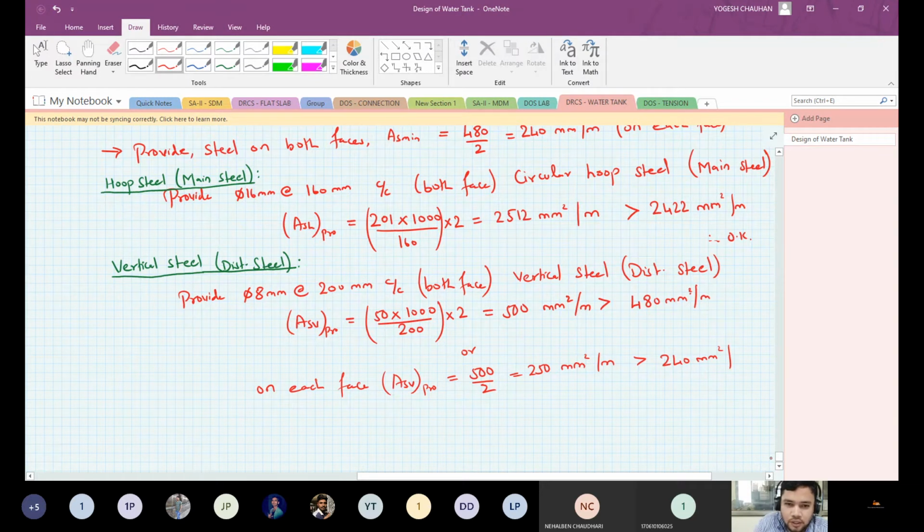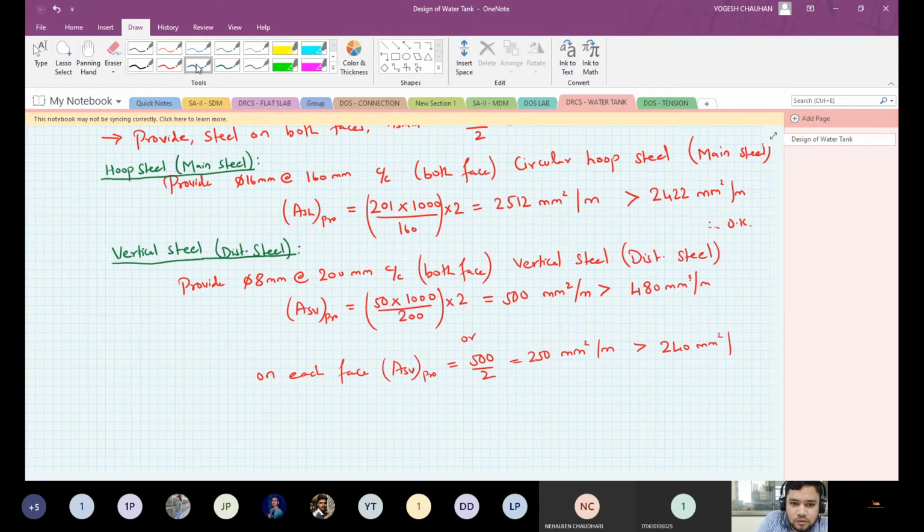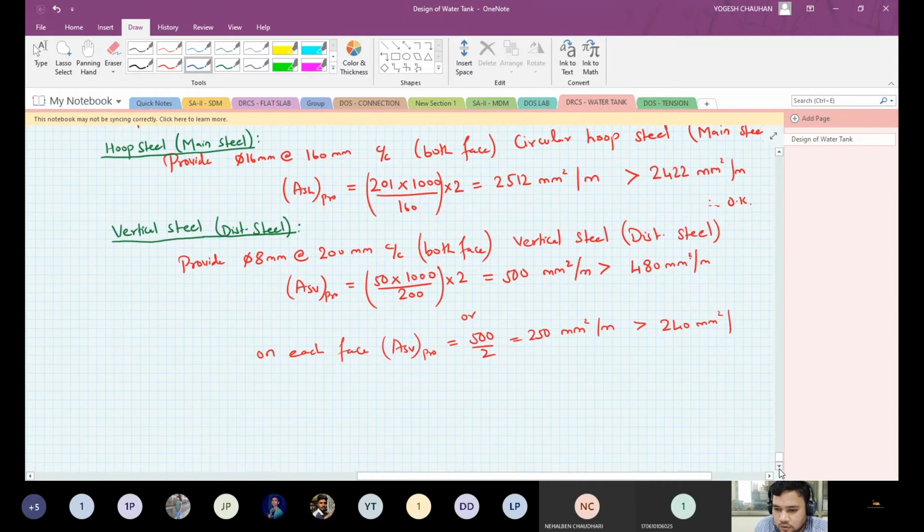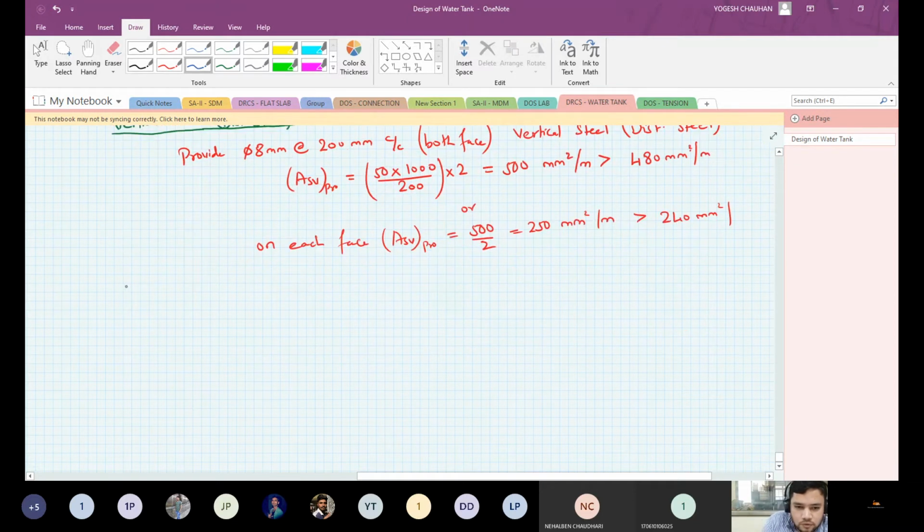So after this design, we have to check our section. Check for concrete tensile stresses.